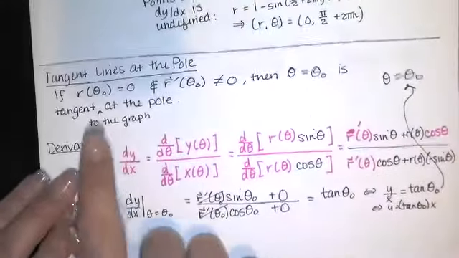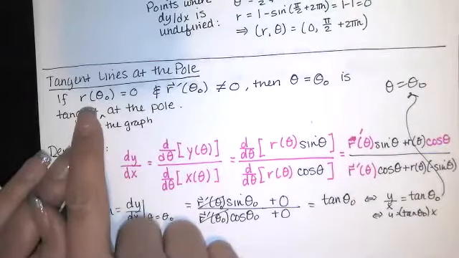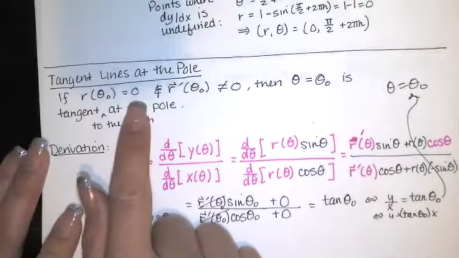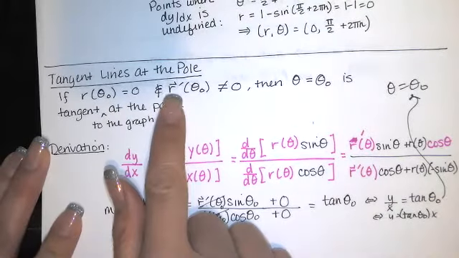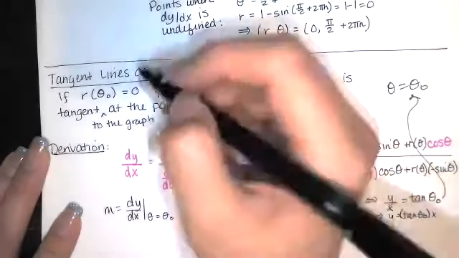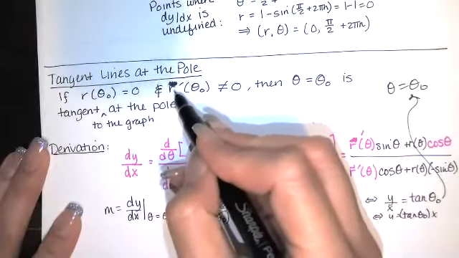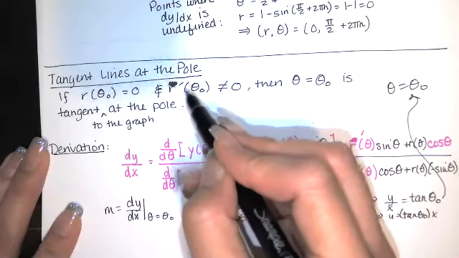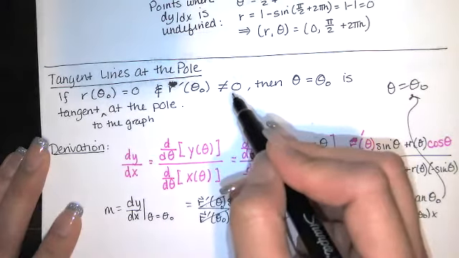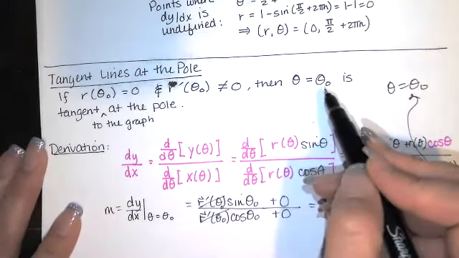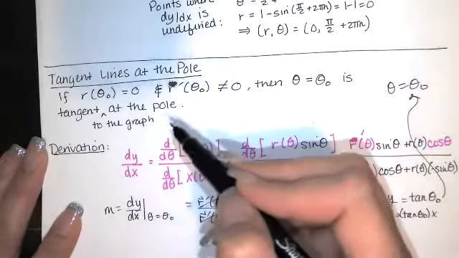The last thing we talked about is this. If the function value at a particular value of theta is 0, and the derivative of r with respect to theta at theta naught is not equal to 0, then theta equals theta naught is tangent to the graph at the pole.